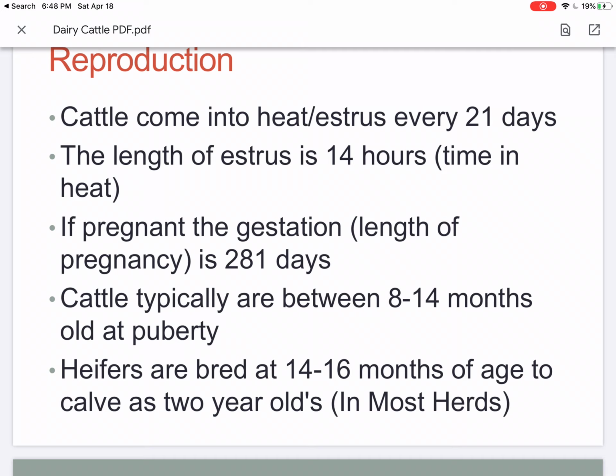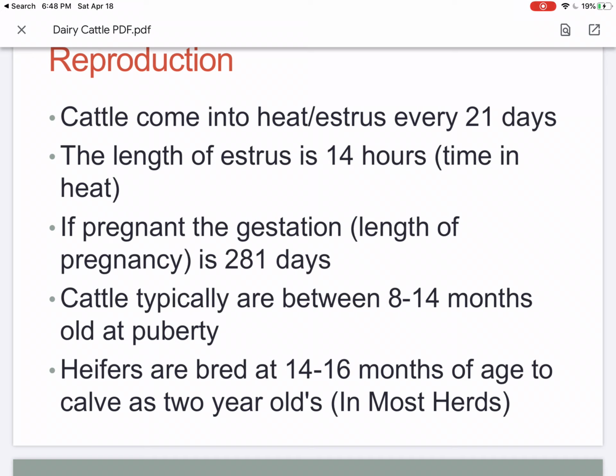Okay, next is reproduction. So we have heat, estrus interval, length of estrus heat cycle, gestation length, age at puberty. In most herds, heifers are bred at blank months of age to calve as blank years. Okay, so cattle comes into heat every 21 days.